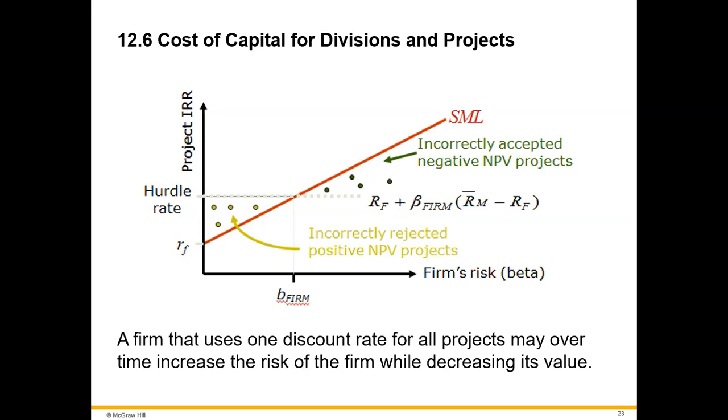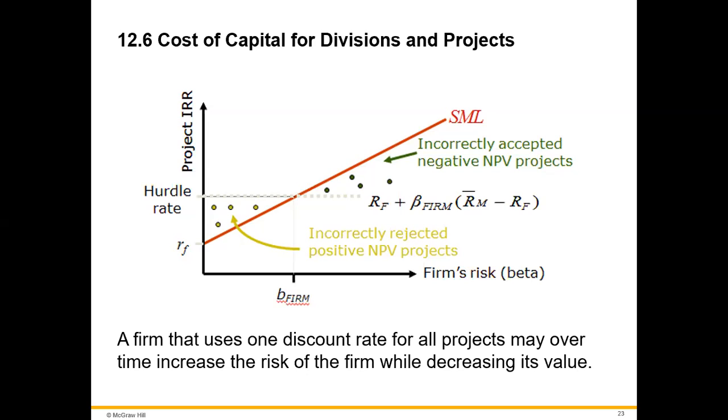Again, it says a single cost of capital for all projects in a firm is indicated by the horizontal line, the hurdle rate, which is the line right here. That's where we always want to be. Projects with high risk should be discounted at high rates, not at a hurdle rate, because if there's a lot of risk, you want to make sure you're accounting for that.